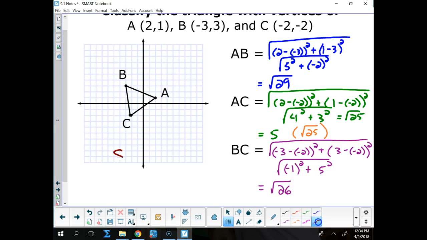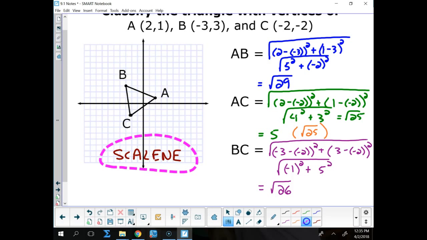Scalene. No, I'm not seeing the right angle. Again, turning one problem into 3 distance problems.